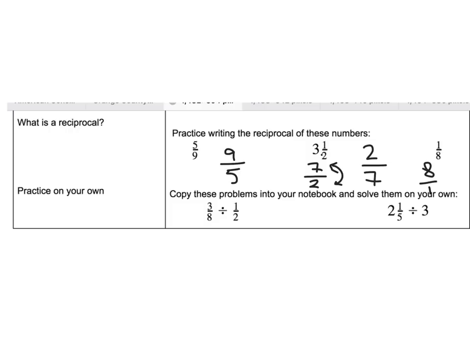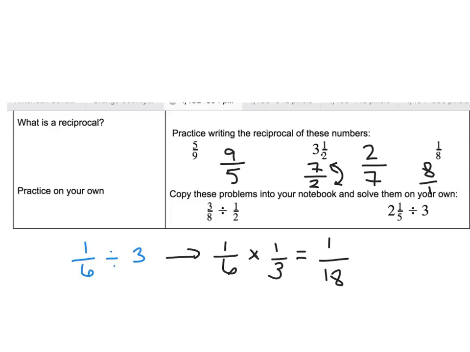So for instance, to go back to our problem that we started with, where we had 1/6 divided by 3, we could solve this problem by rewriting it as 1/6 times 1/3. And this makes it much easier because we already know how to multiply with fractions. We just multiply the numerators together. 1 times 1 is 1, and my denominator, 6 times 3, is 18.